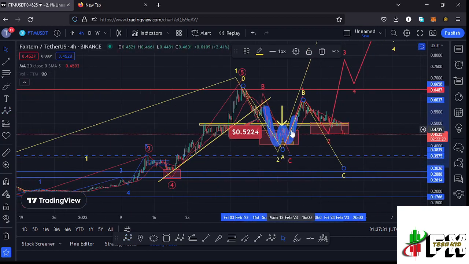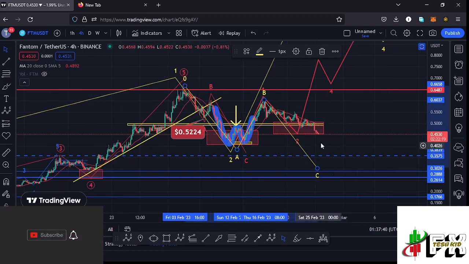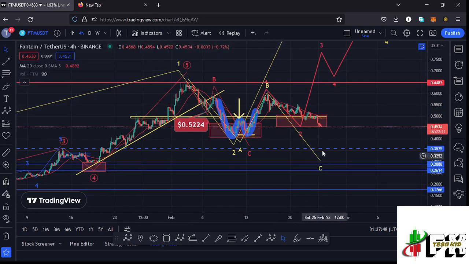So there are chances that we might not have seen the low for this higher Elliott wave count 2 at the low that we made at around the $0.41 mark, and this can only happen in case we continue seeing the breakdown that we are seeing here on the Fantom chart and continue losing other key areas of supports and give us one more leg down in the formation of this wave C, in what we could term as the low for that higher Elliott wave count 2.